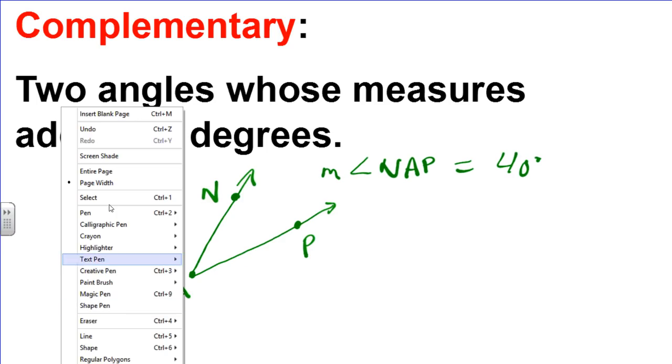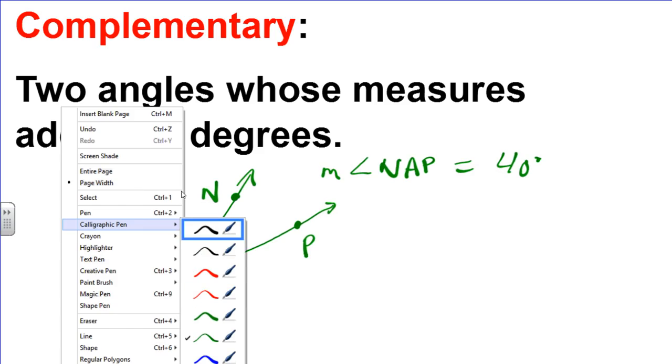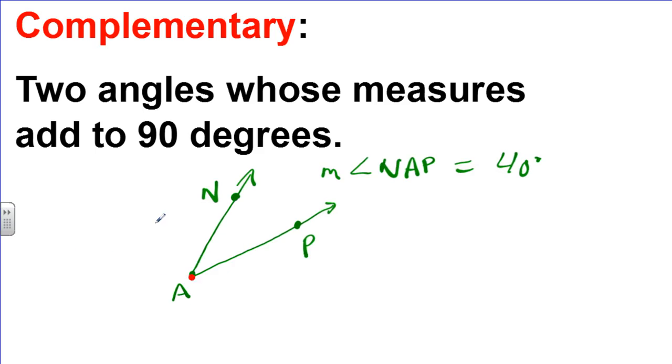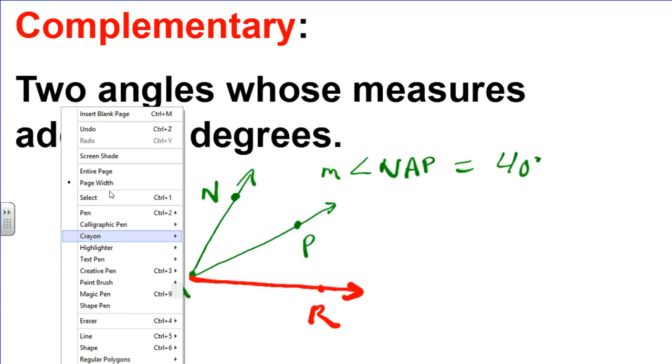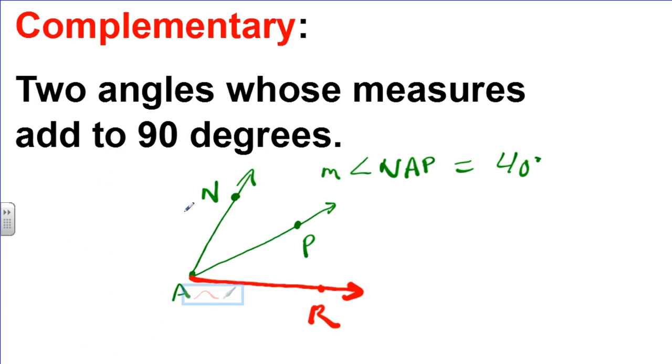And we have this other angle, in a different color. Angle PAR. And the measurement of angle PAR is equal to 50 degrees.